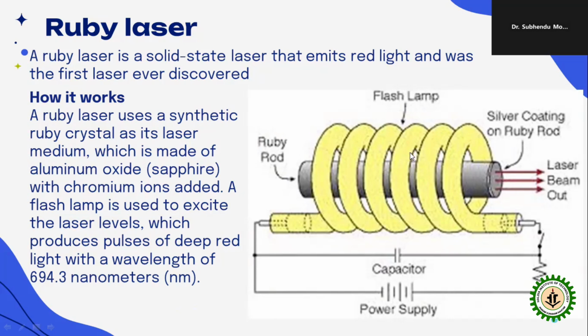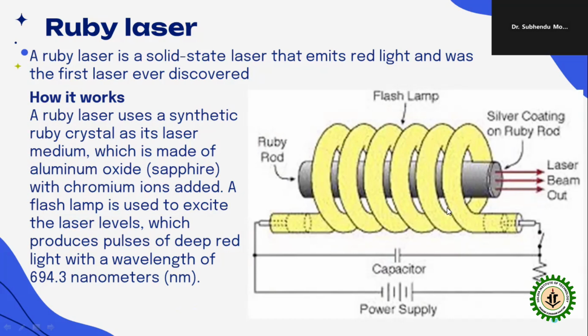This is the structure of the ruby laser, which produces red light of 694.3 nanometers. The flash lamp is used for exciting the atoms, for the population inversion purpose.